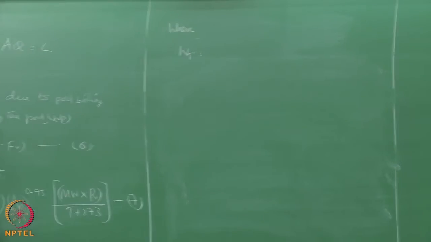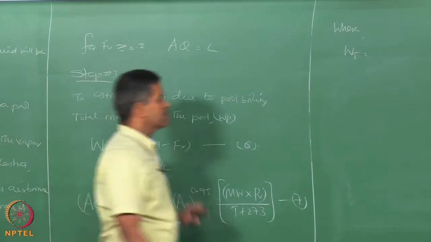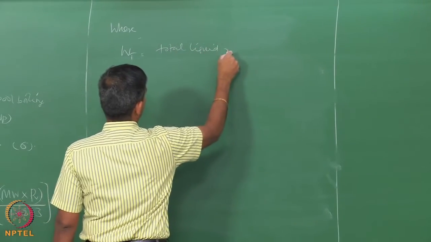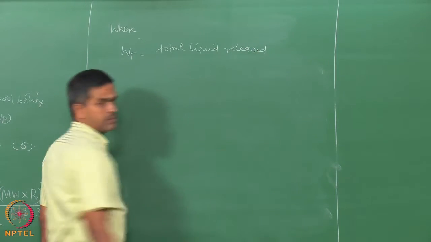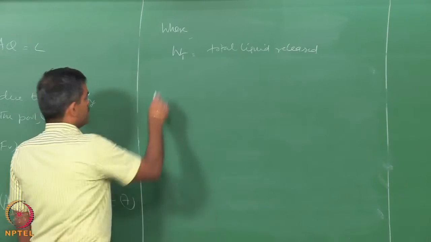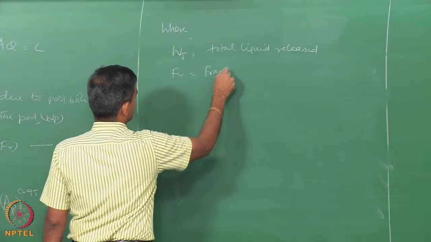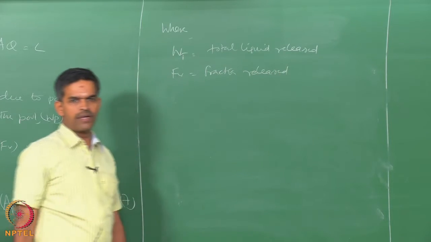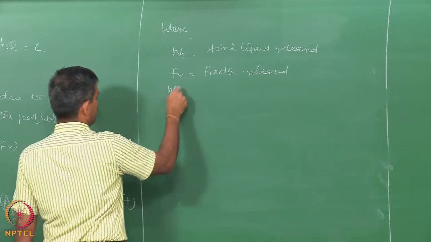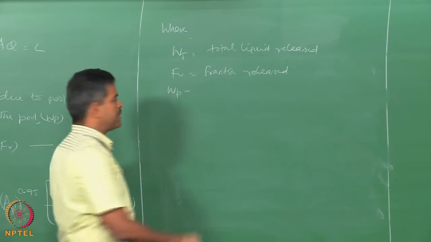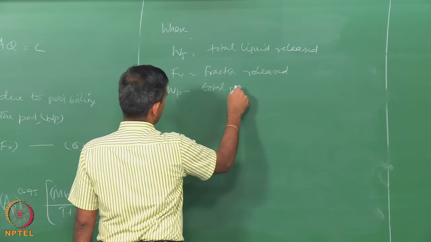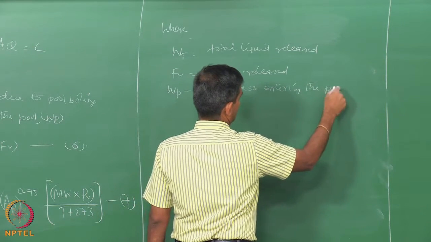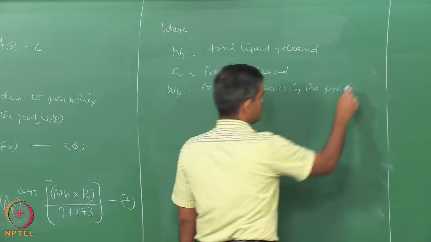Wt in this equation is the total liquid released. Fv of course is the fraction released, which we already computed. Wp is the total mass entering the pool, maybe in kgs.